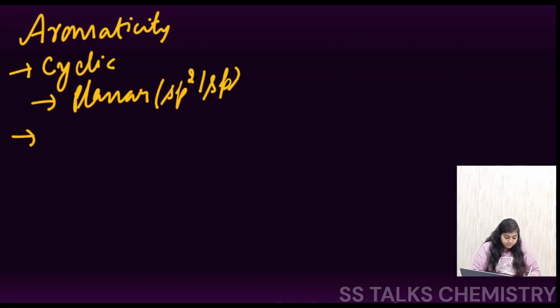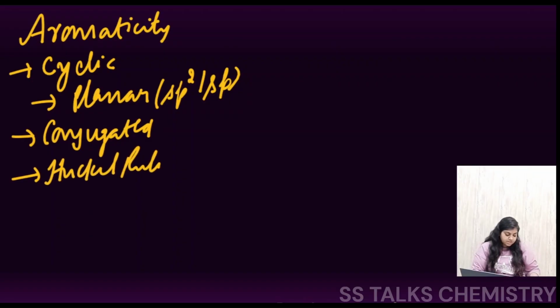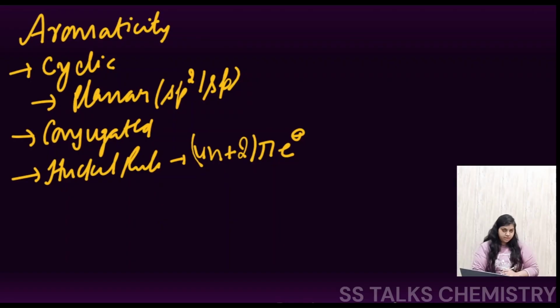Next, there should be conjugated double bonds, that means double bonds should be present at alternate positions. Next, it should follow Huckel's rule, that is, it should have a 4n plus 2 pi electron system, right? So these are the conditions for aromaticity that should be satisfied.